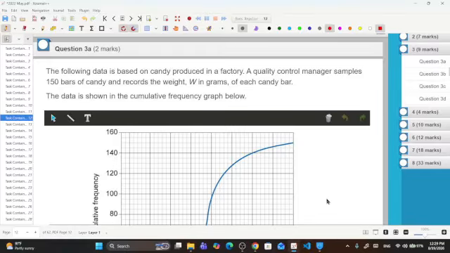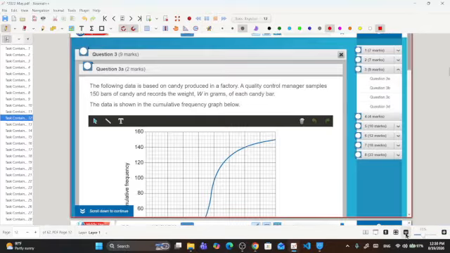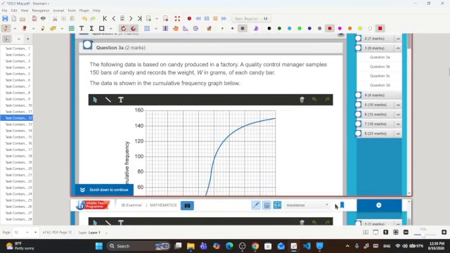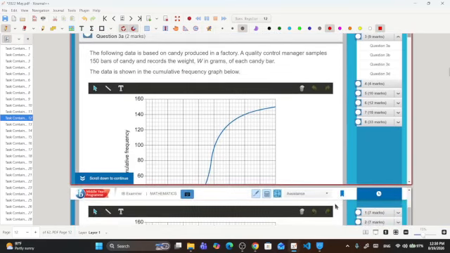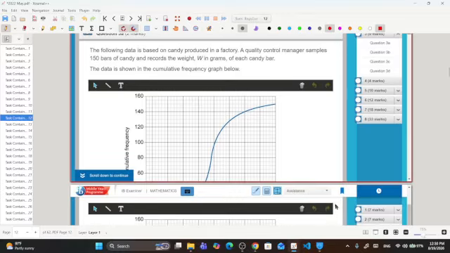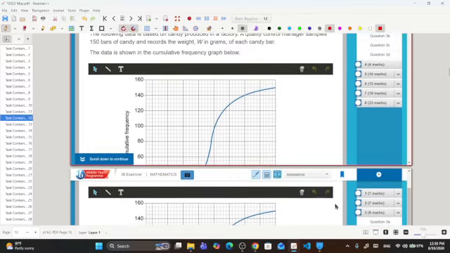The following data is based on candy production in a factory. A quality control manager samples 150 bars of candy and records the weight in grams of each candy bar. The data is shown in the cumulative frequency diagram below.